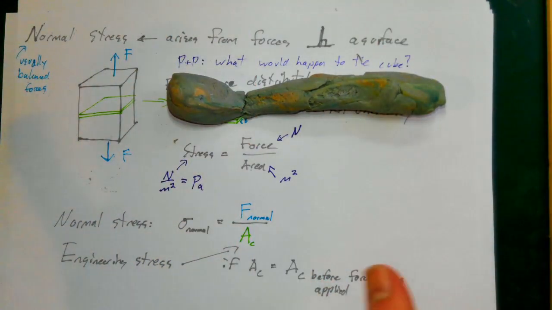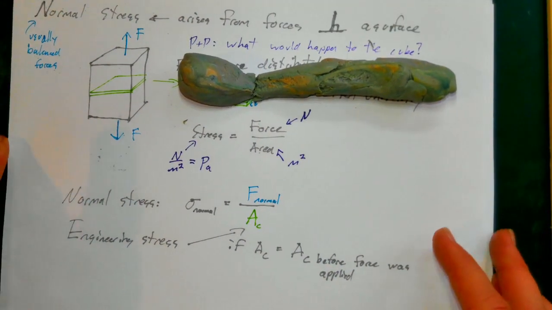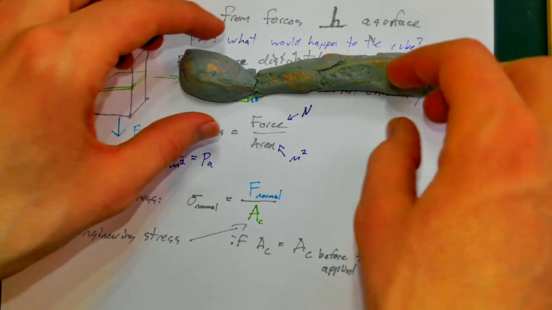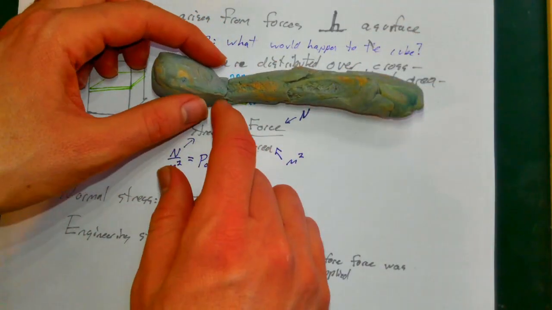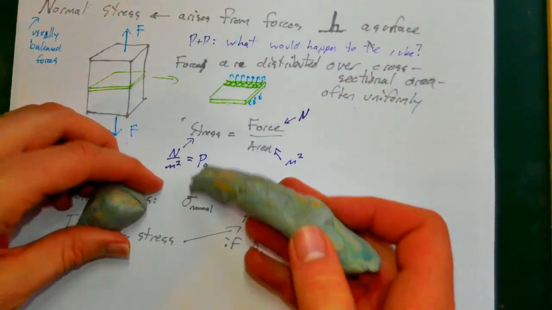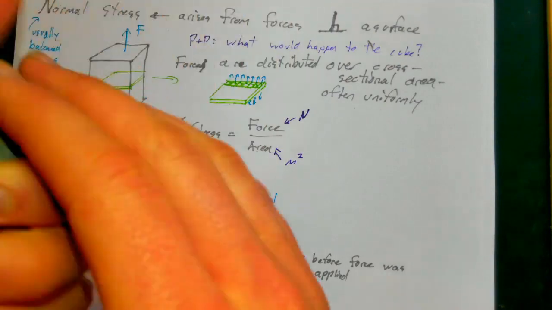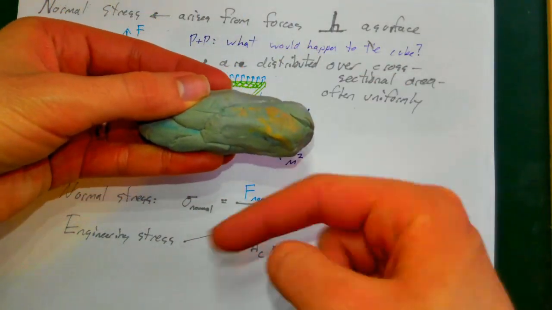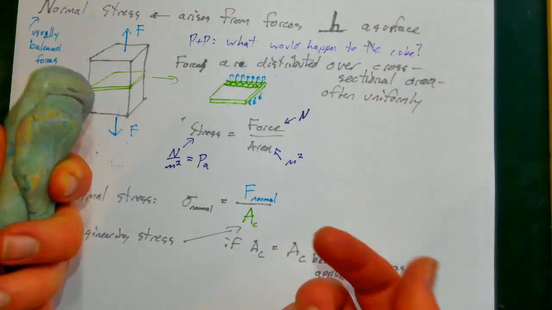To make that distinction unambiguous, engineers oftentimes just talk about engineering stress, and the cross-sectional area we consider is the cross-sectional area of whatever this blob of Play-Doh was before I applied this force. Why before?